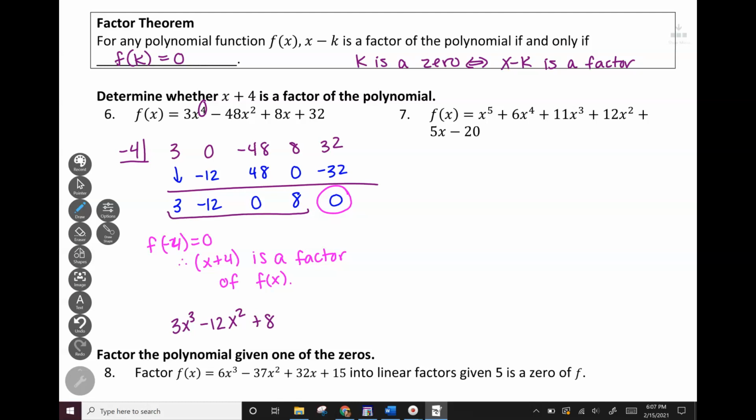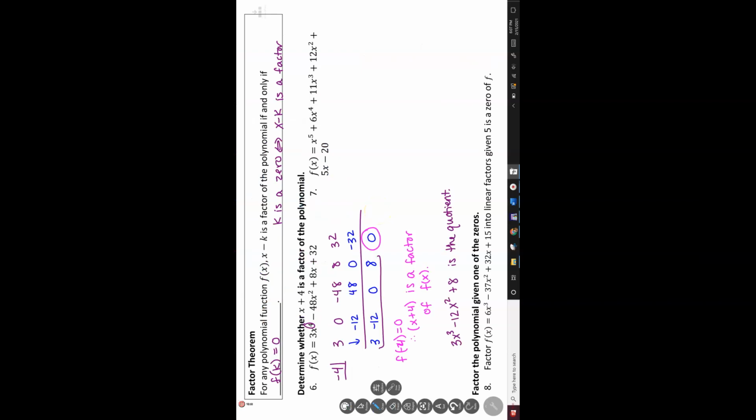This is the quotient. So after you've divided out the x plus 4, you have this new polynomial, which is your quotient.